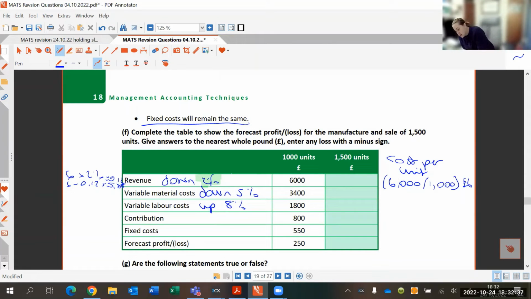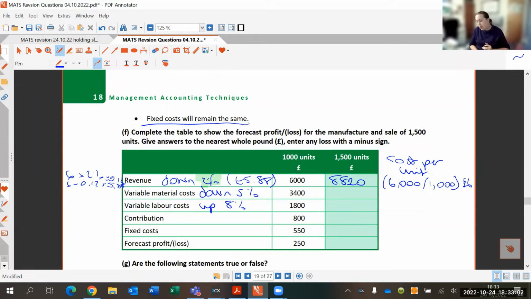So that's now going to be £5.88. We can then multiply £5.88 by the number of units to get the new total revenue for selling those 1,500 units. I hope that makes sense.